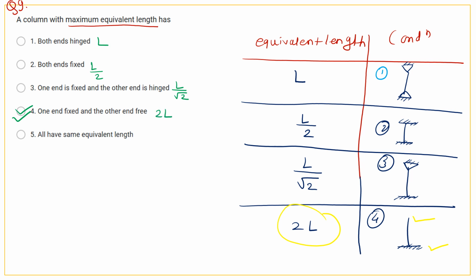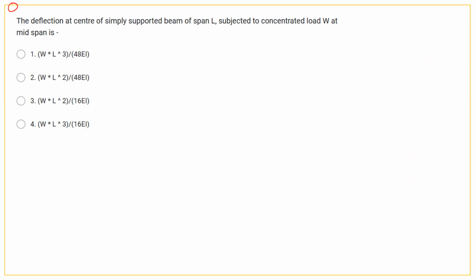The next question is question number 10: the deflection at center of a simply supported beam of span L which is subjected to concentrated load W at its midspan. There are different conditions of beams with different loadings for slope and deflection. So first we'll see the conditions.